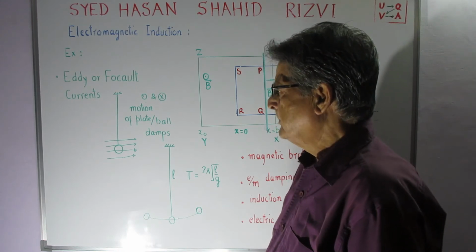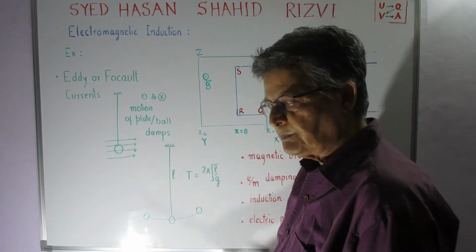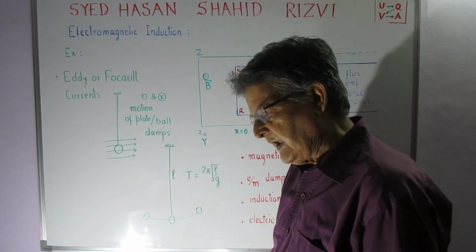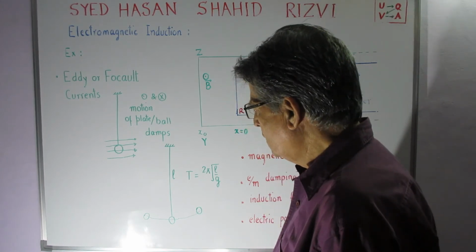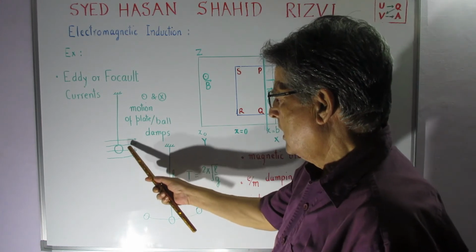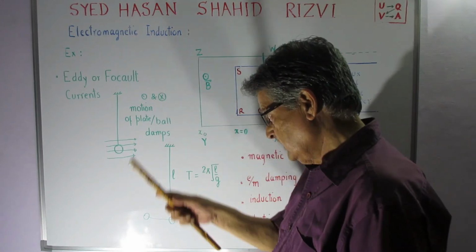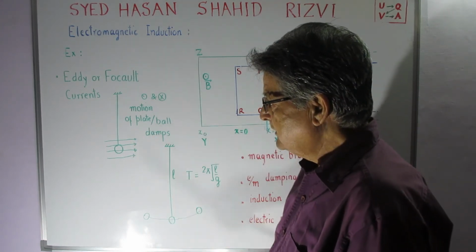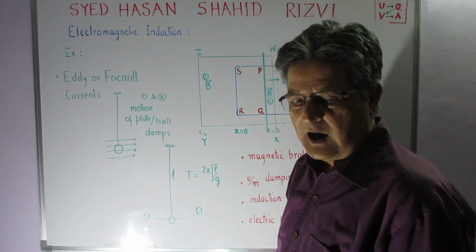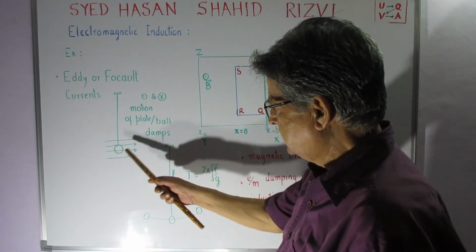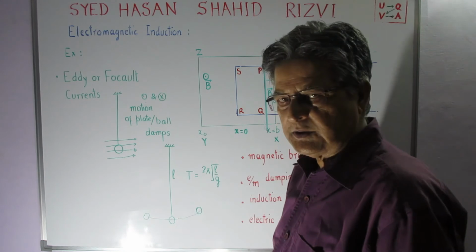And what happens? The motion of the plate or ball, it damps. Why? Because the energy that they have got is partially used in the form of the eddies, and when the eddies flow, there is a Joule heating, which allows the energy to dissipate over there.